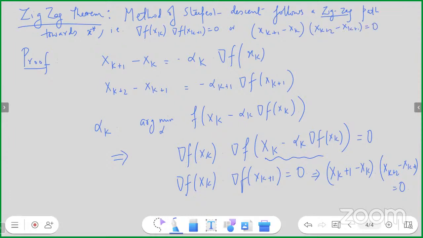So this "towards" is not completely watertight. For nice functions, this is true, but we haven't yet proven that steepest descent always converges. So that towards x star, take it with a pinch of salt, that is, whenever it's possible.